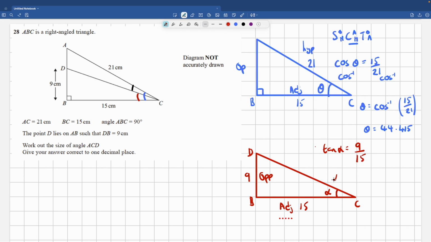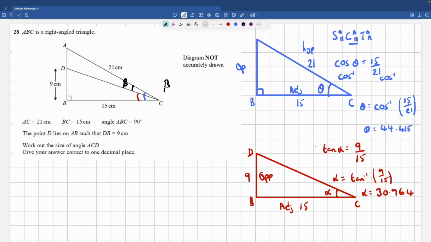We'll take the arctan of both sides. So alpha will be the arctan of 9 over 15, which gives us approximately 30.964.